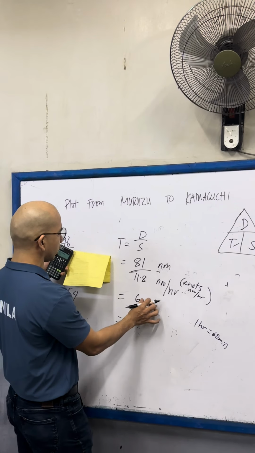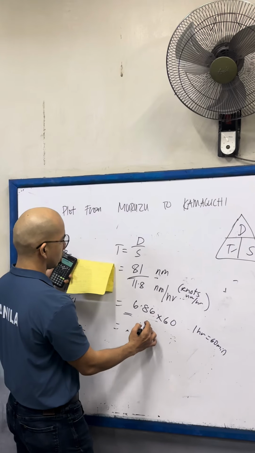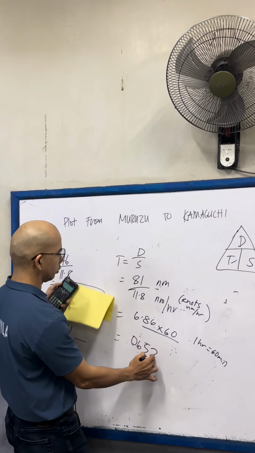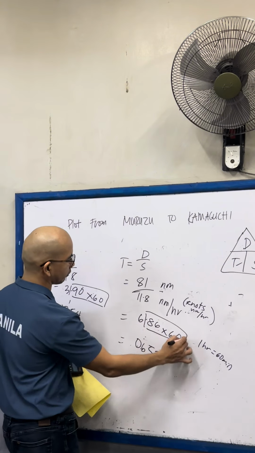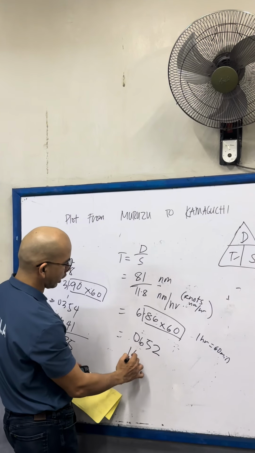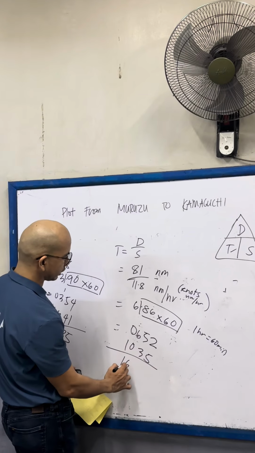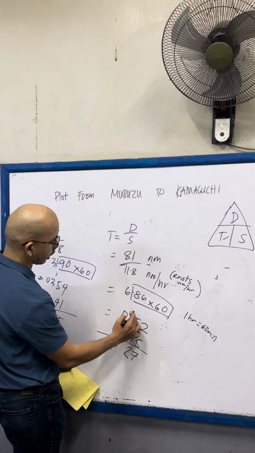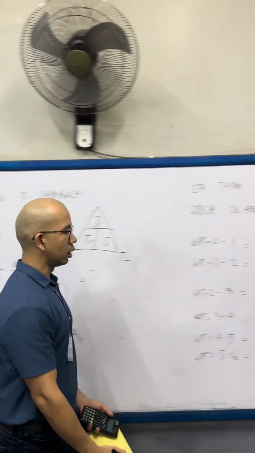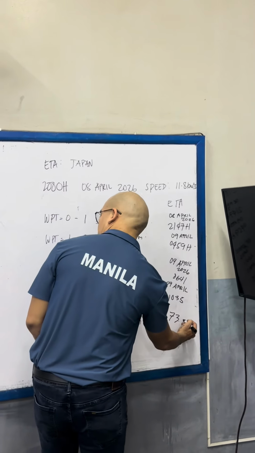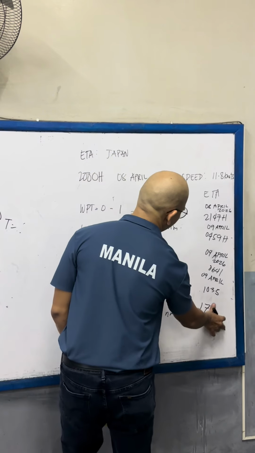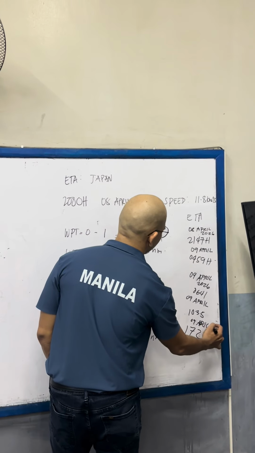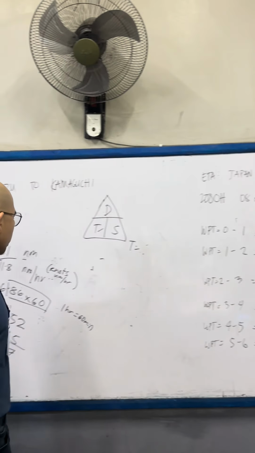The 0.86 times 60 gives 0652. Add that to 10:35. The answer is 17:27, same date, 09 April 2026.